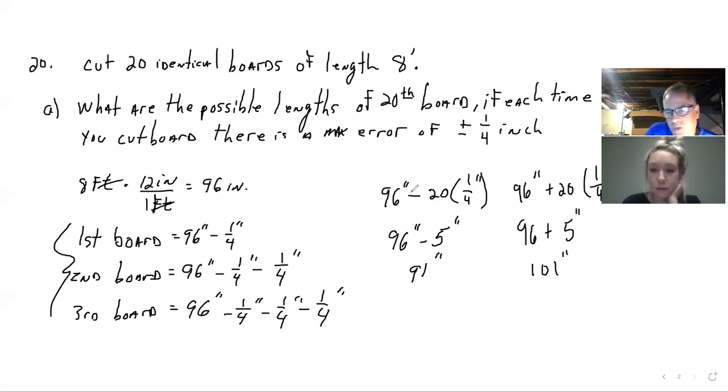So in one case you're going to be minus 20 times that worth, and in the other case, if the cut was longer, then plus 20 times, and so forth. And that gives you your range. Now, that to me is honestly the easier of the two. B is a little bit harder. But we'll get it. But that answers part A.